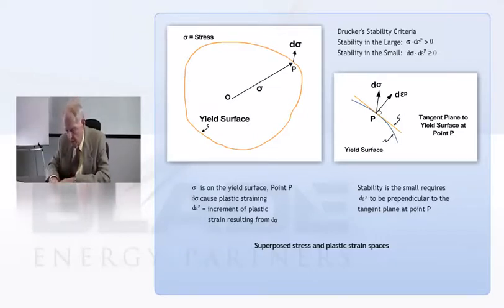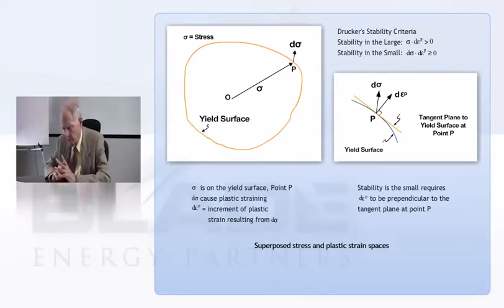It could be any kind of yield surface that you want to think about. And so what's happened here is that the stress has reached the current yield surface. So he doesn't care if it's work hardening. He just lets it go. But he wants to say, but I want the material to be stable.